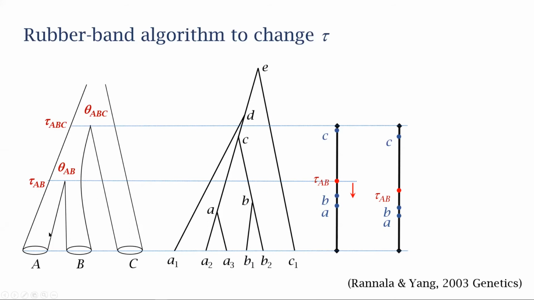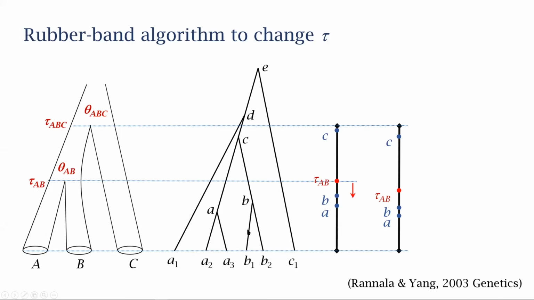And then the sequence divergence time between A and B, let's say A1, B1, on this tree is here, that has to be older or larger than tau AB. So the smallest in this case is somewhere here.